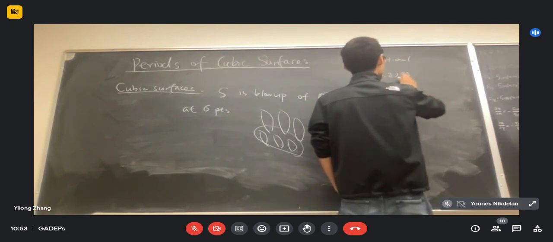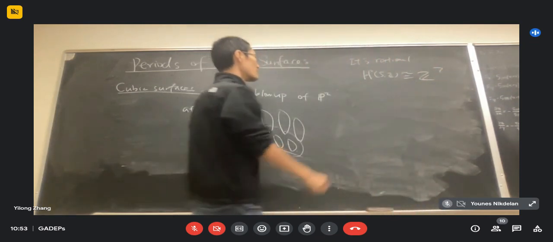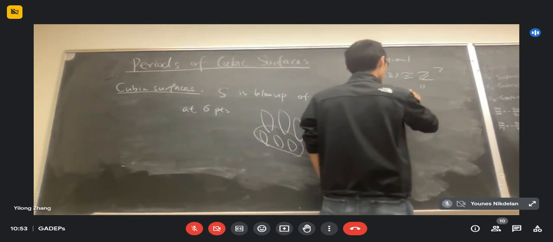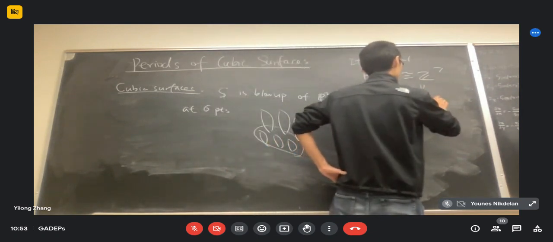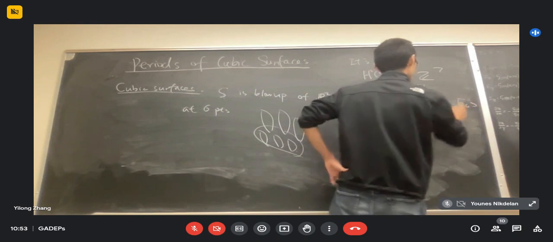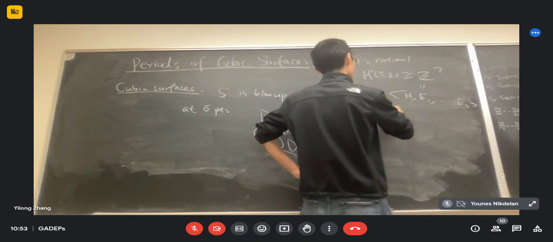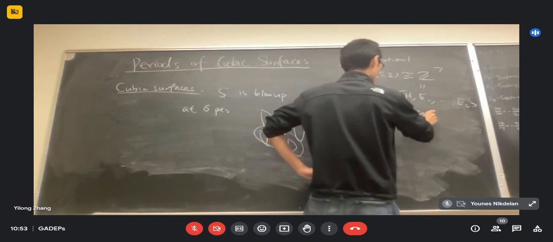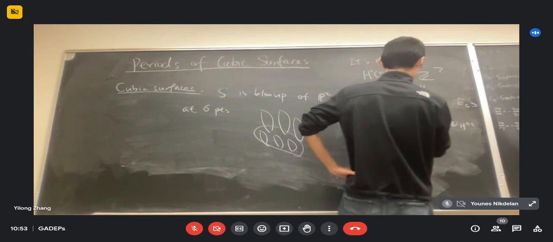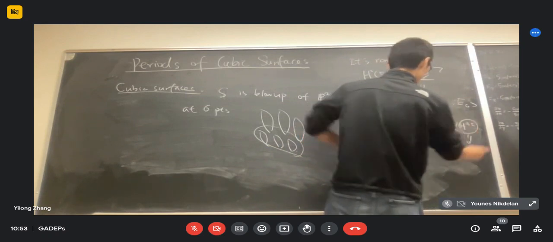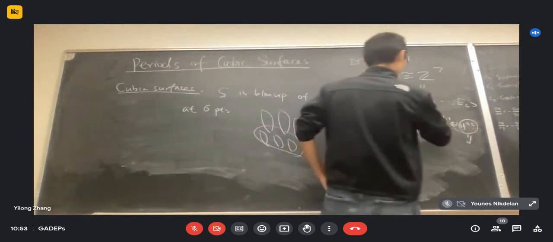If we tensor with Q, this is a 7-copy, generated by the pullback of the hyperplane and those exceptional divisors. The Hodge decomposition is: there is no (2,0) and (0,2) part, and everything is in (1,1).